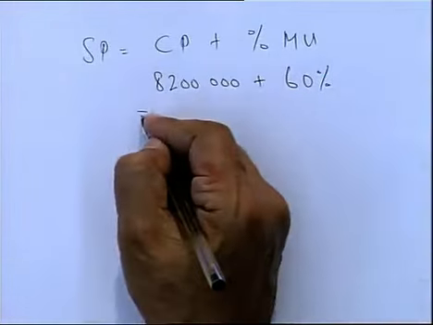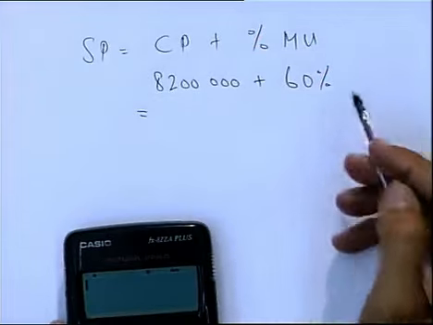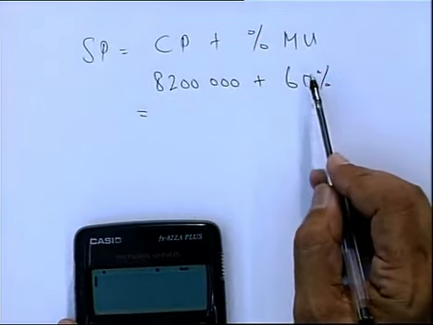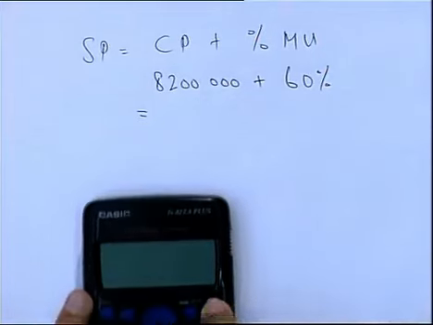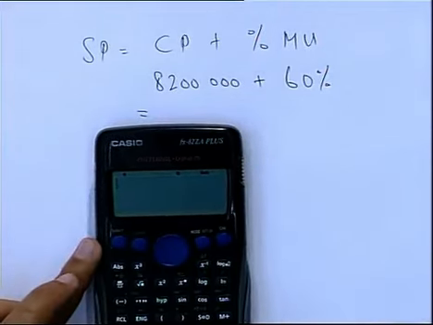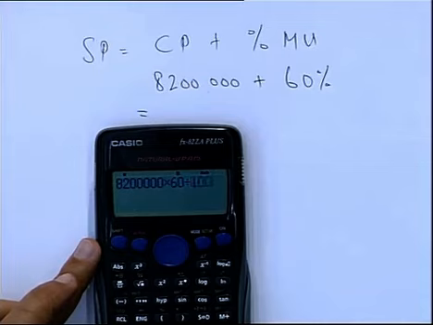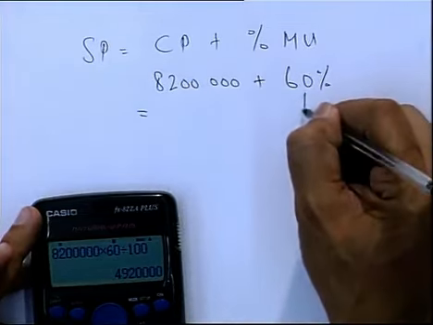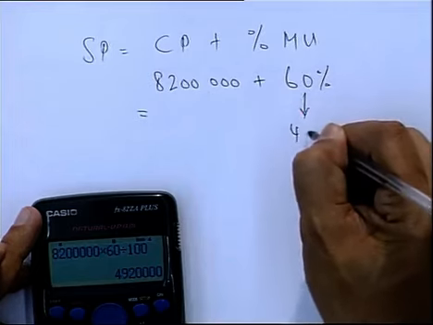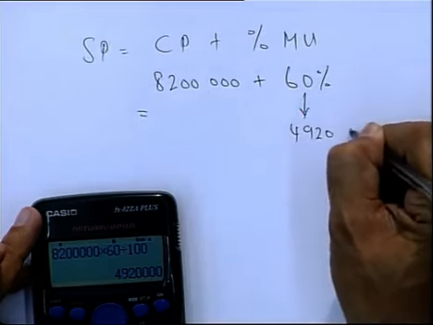Right, so 8,200,000 plus 60%, meaning you have to calculate 60% of the 8,200,000. So on our calculators, it will be 8,200,000 times 60%. This part is 4,920,000.